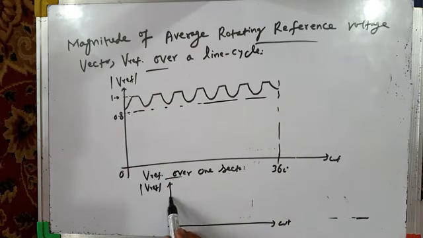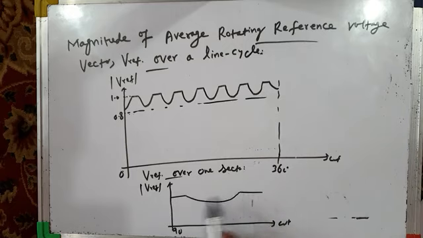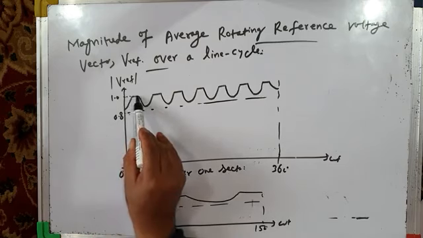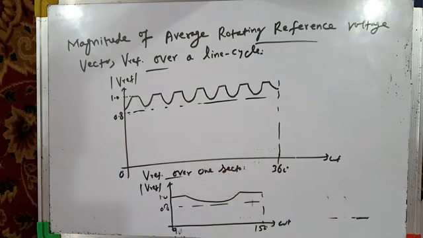So it varies like this. This is 1.0 and this line is 0.8, and this is 90 to 150 degrees in one sector. You can see in one sector it is like this. Start from here, and that completes one sector. So it is not constant. It's constant for some time and then like this.